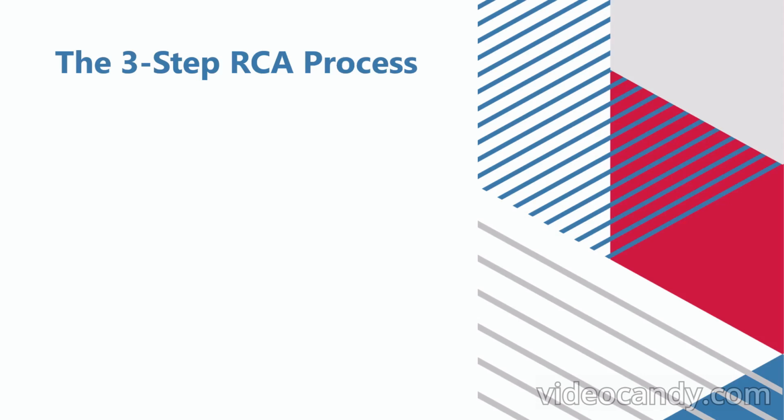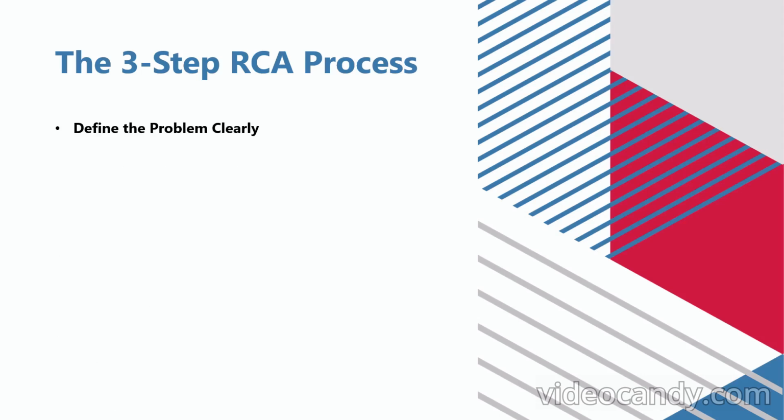We will discuss these methods in another video. Just to give you a hint, we identify potential causes by using these diagrams and techniques. The third one is to choose corrective actions that solve the issue permanently, not just temporarily. These are the three steps involved in a root cause analysis process.